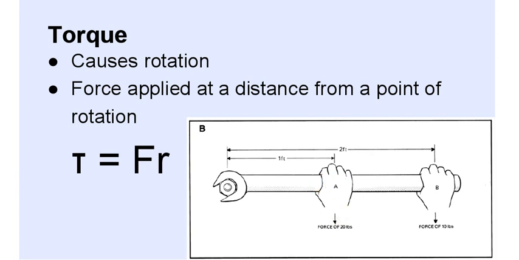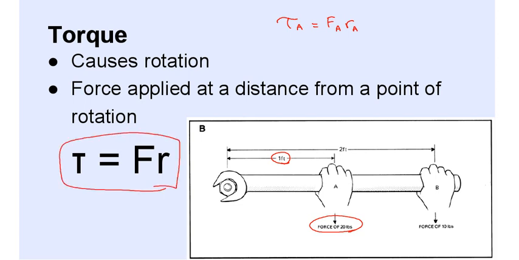So if I come in here and calculate these 2 torques, what they've written here is force of 20 pounds at a distance of 1 foot. So if I write the torque of A, that would be the force that I apply at point A times the distance to point A. Torque equals force times distance. That's assuming that the force and the moment arm there, the distance, are perpendicular to each other, and that's what we see right here.